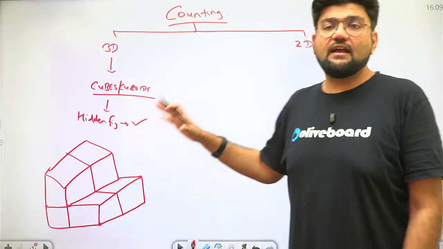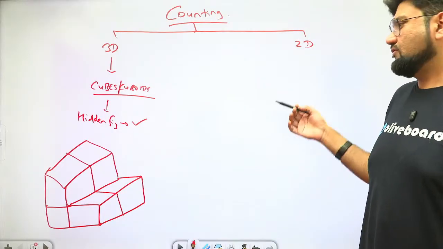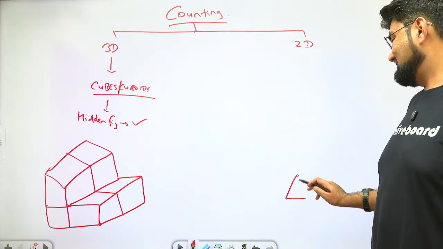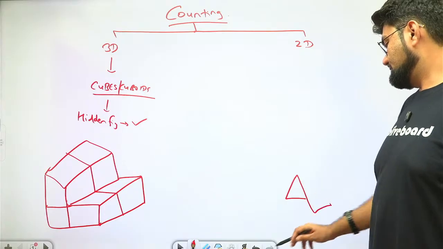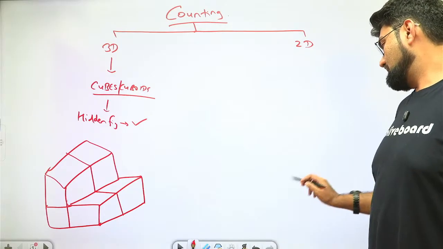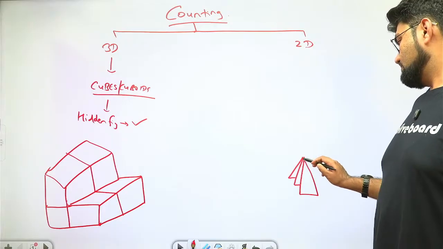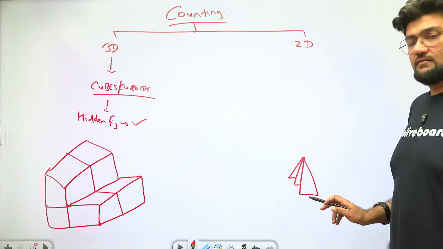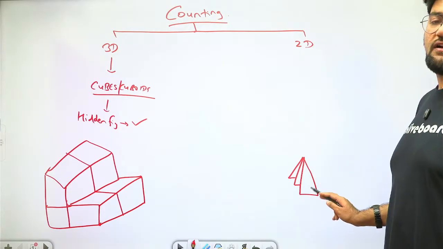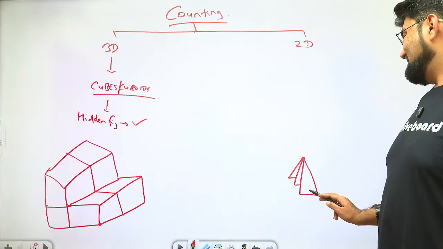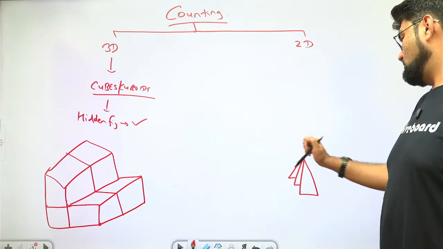But vice versa, in a 2D figure, if you see something is hidden, for example, if you see a triangle like this, if I ask you how many triangles are here, you will say there is only one triangle.